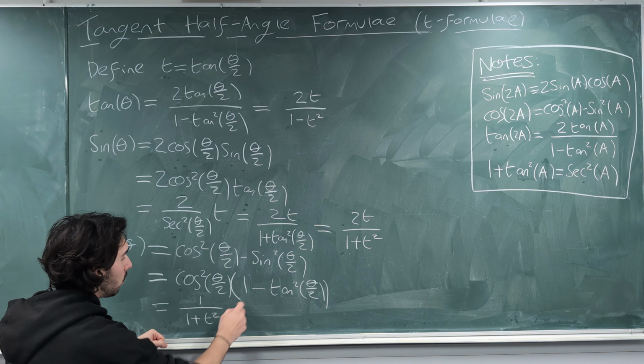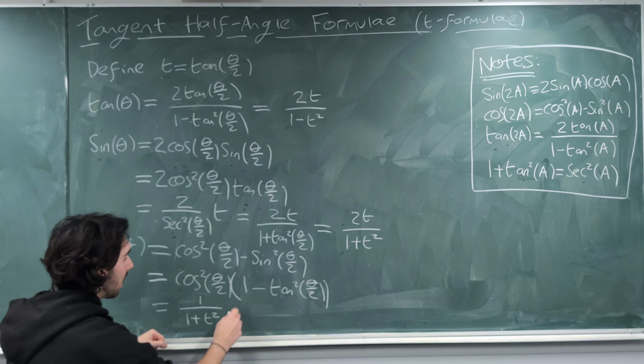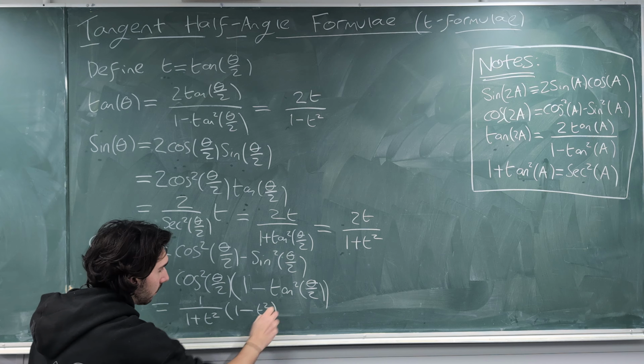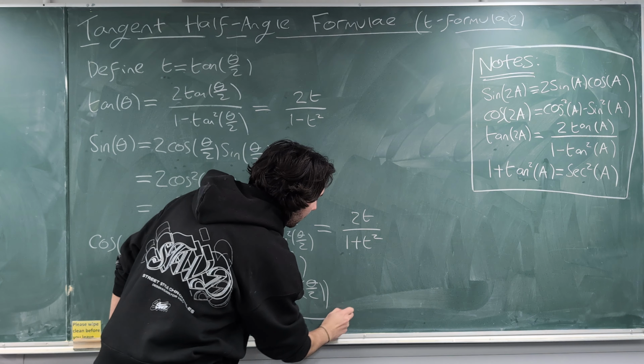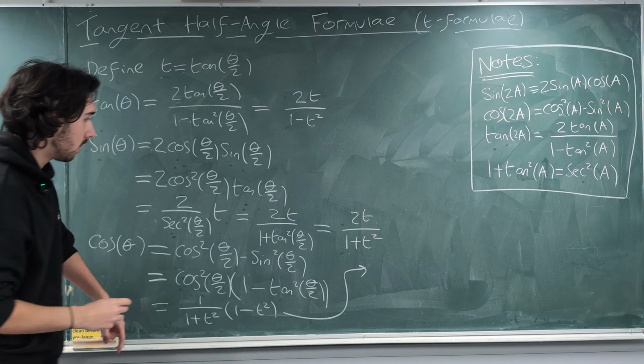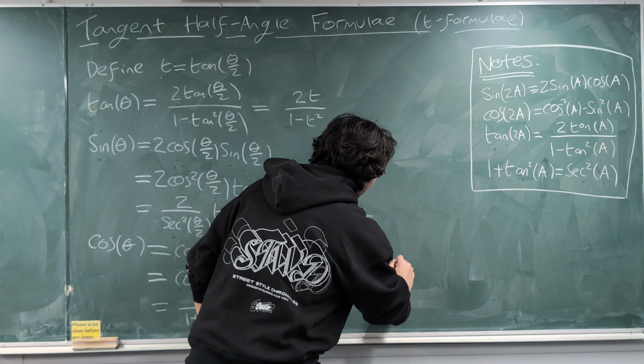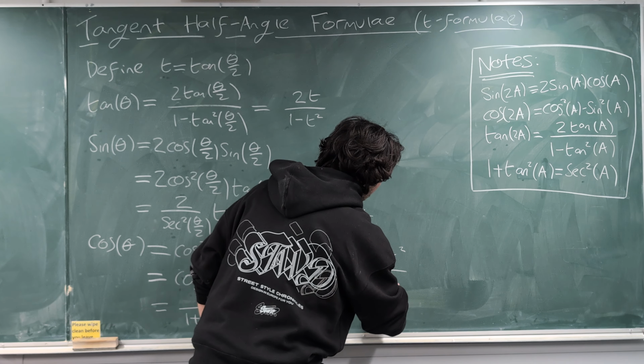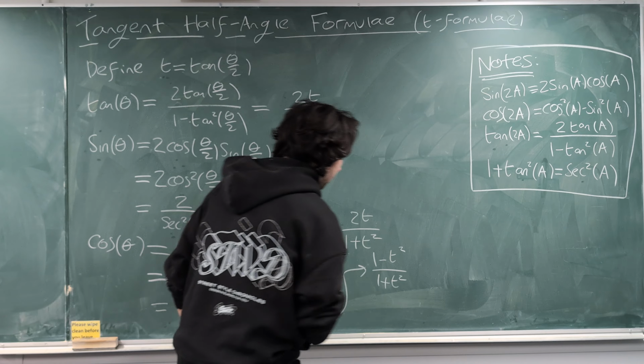And then we have a 1 minus, and then obviously tan squared of theta over 2 is just t squared. Cos theta would then be 1 minus t squared over 1 plus t squared, like that.